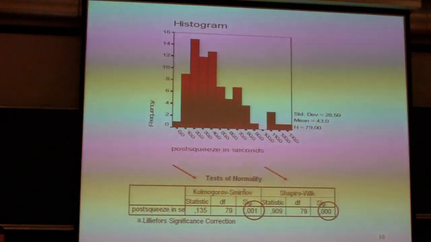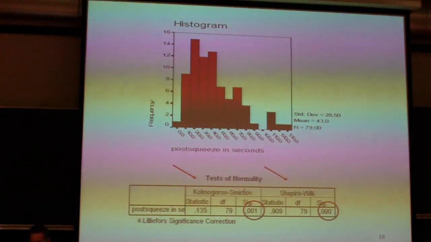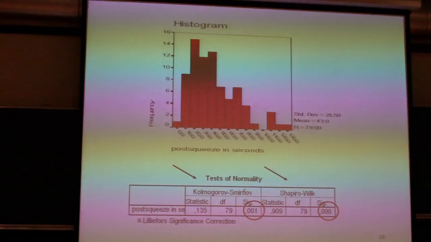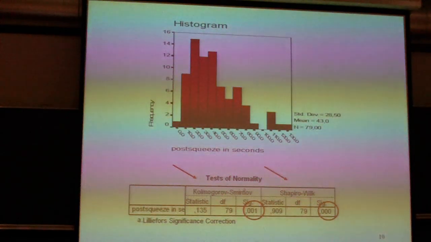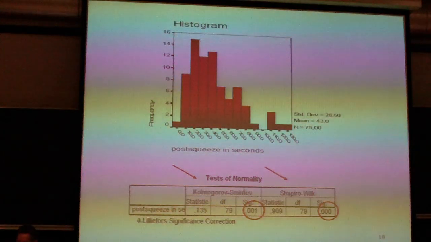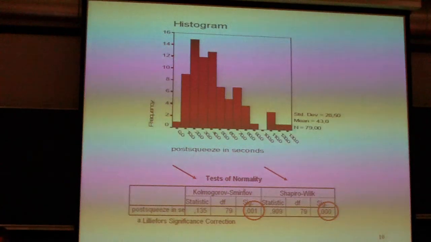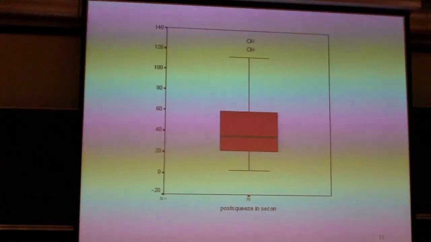And of course, that is perfectly understandable because this is a task which demands considerable muscular strength. As we all know, there's a small proportion of people who are very strong indeed, so you are likely to see a distribution like this.